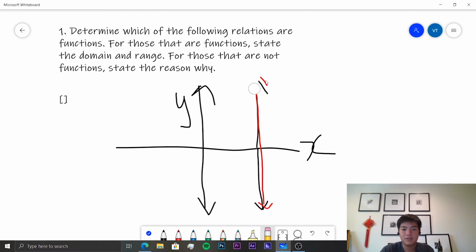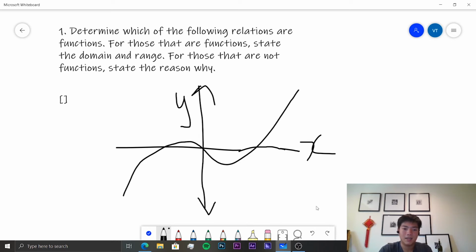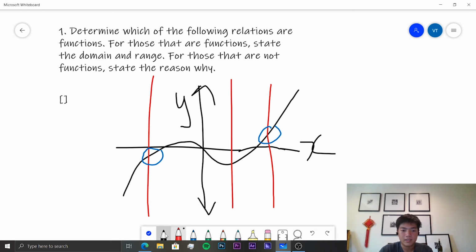This wasn't a pretty good graph to show what I actually mean by the vertical line test, so I'm going to demonstrate it first. So say we have a graph of an actual function, like so. If we draw a vertical line anywhere on it, there should only be one and only one intersection. If I draw it here, it will be over here. If I draw it maybe here, it's going to be over here.